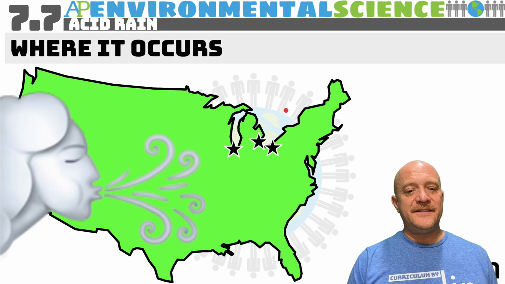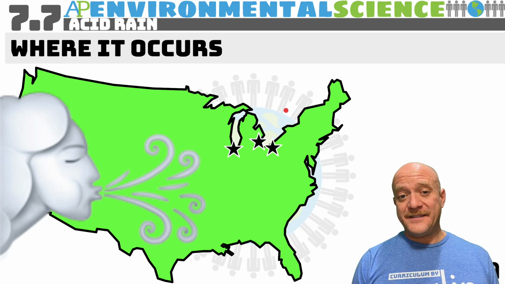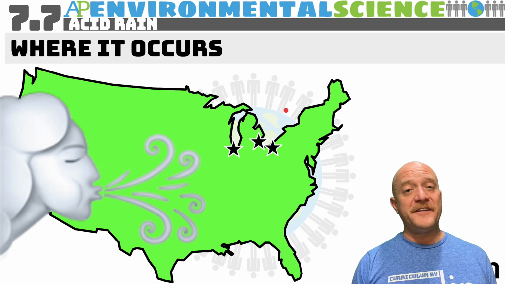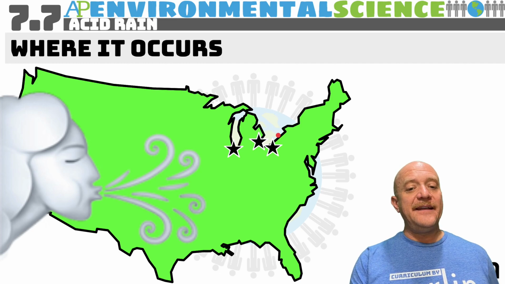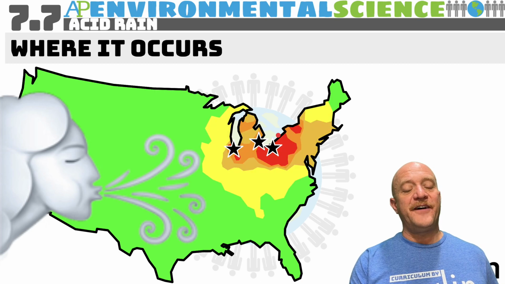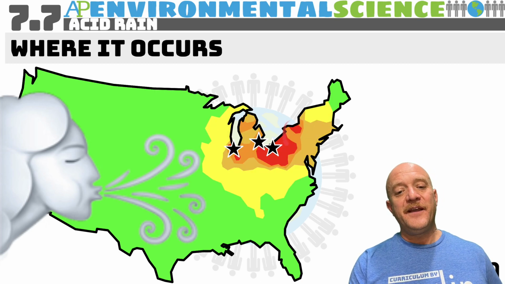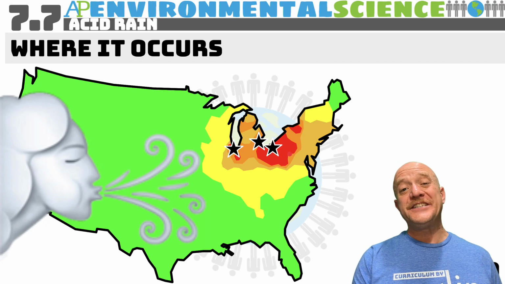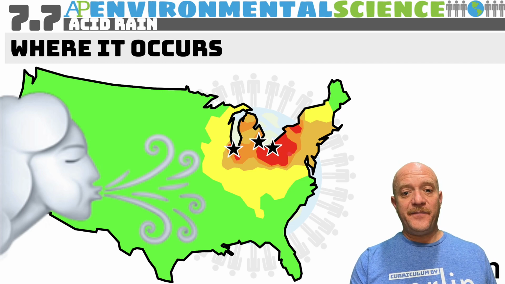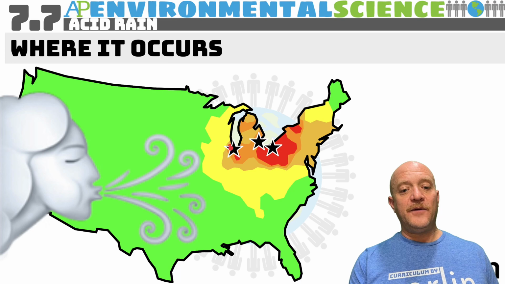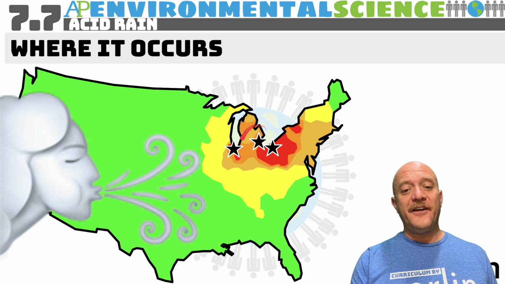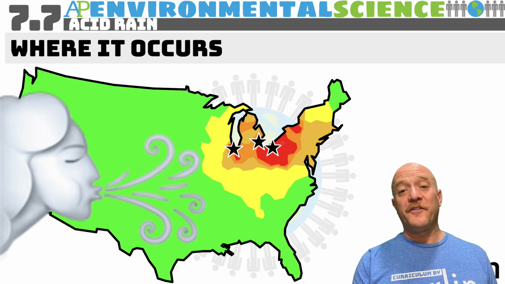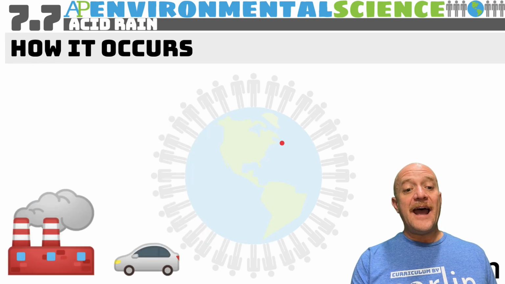The problem is the wind blows from the west. So whenever they have all this manufacturing, they're generating a lot of pollutants, and those pollutants are moving east. As they move east, you're going to find acid precipitation occurring downwind of these sites. So even though Chicago is a major manufacturing hub, a lot of their acid precipitation is happening over the Great Lakes.